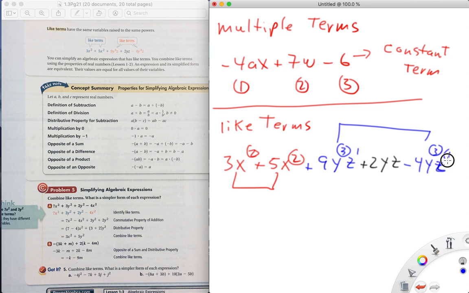They have the power of 1. And then this 2yz is all by itself. It doesn't have a like term to compare it with. Even though it has a y and a z, this y is raised to the first power, and the z is raised to the first power. So the z's are the same, but the y isn't. And all it takes is one of those variables not to have the same power for these to be considered not like terms.